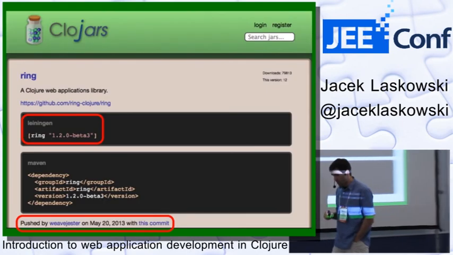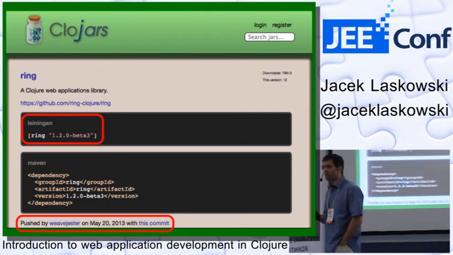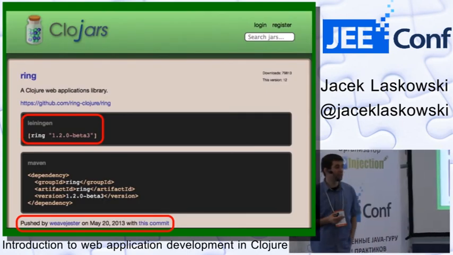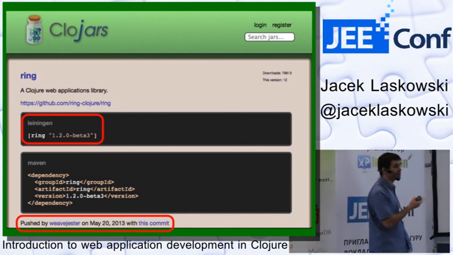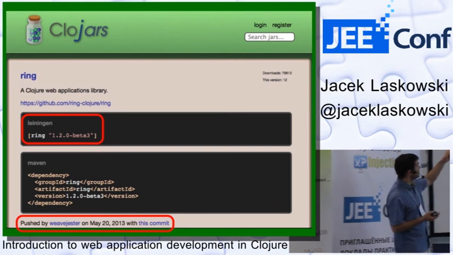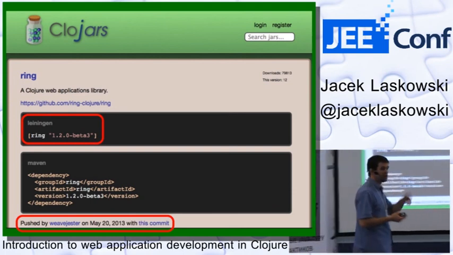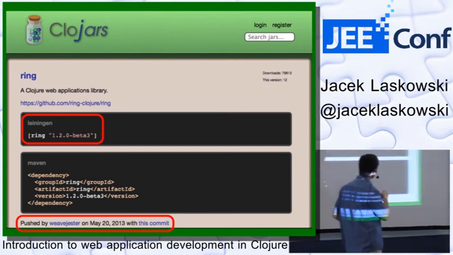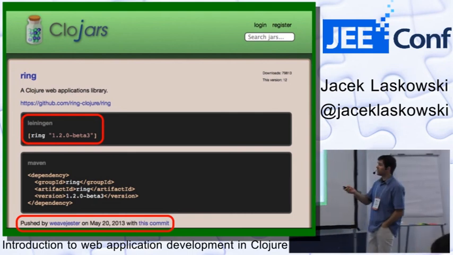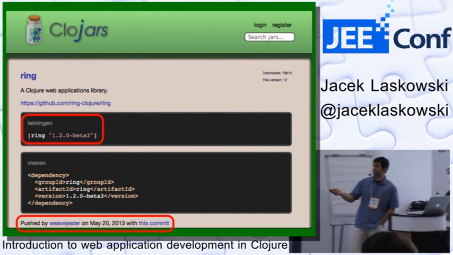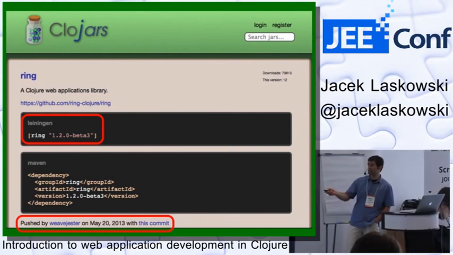Okay, so Clojars is a repo of Clojure libraries. Whenever you look for a library, you just use this clojars.org, and you can put in the name of the library you need, and there will be helpful information on how you can use this library in leiningen, which you know already, or Maven.